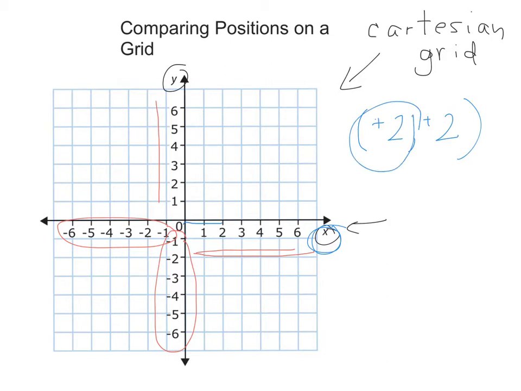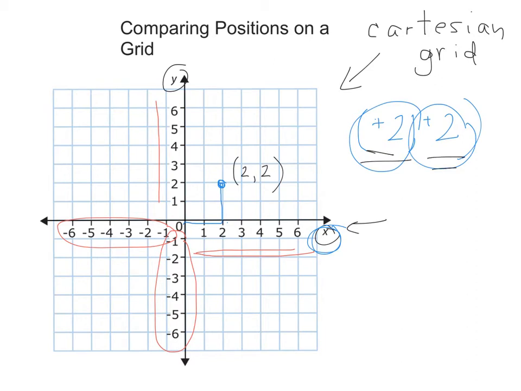Then I would go up to my second coordinate on the y-axis. That's where my point would be. Then I would also plot it, which means I put the number there. Again, you go over on the x-axis to where the first number is, and then you go up the y-axis to the second number.